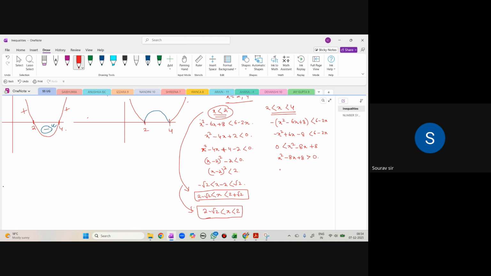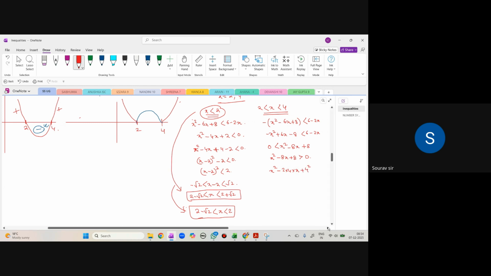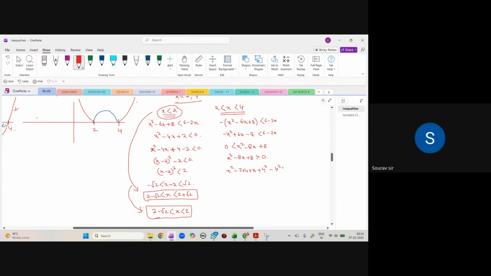So then I can write x square minus 2 into 4 into x plus 4 square minus 4 square plus 8 greater than 0, completing the square.